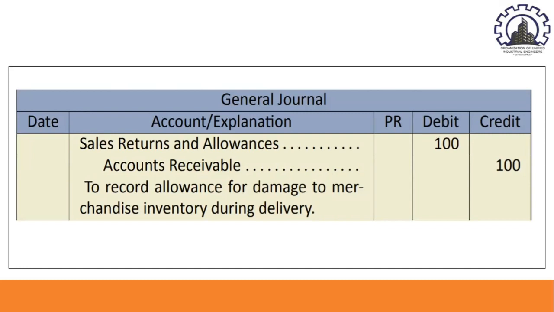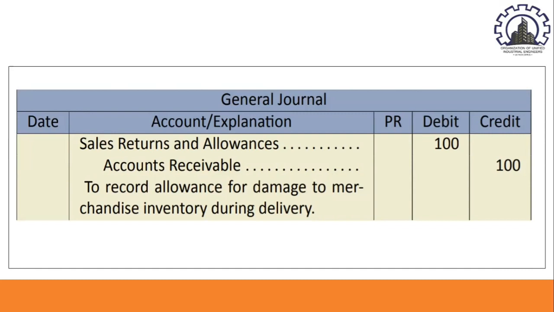Now, if the $3,900 had already been paid, then a credit would be made to cash and $100 refunded to the customer. And the sales returns and allowances account is a contra revenue account and is therefore deducted from the sales when preparing the income statement. So if goods are returned by a customer, a sales return occurs, and the related sales and cost of goods sold recorded on the income statement are reversed and the goods are returned to inventory.